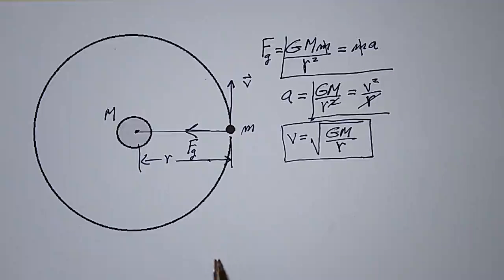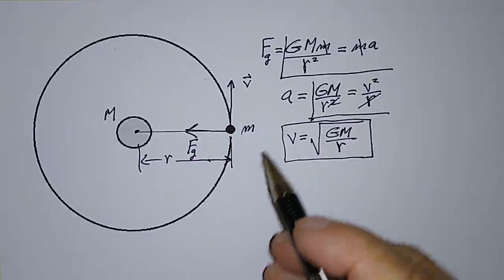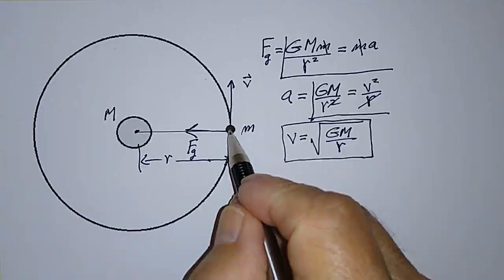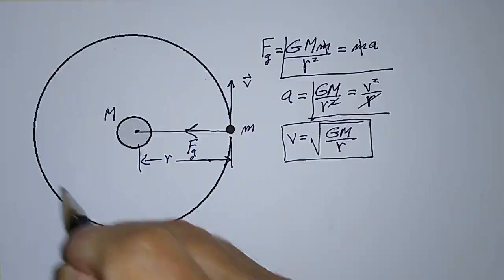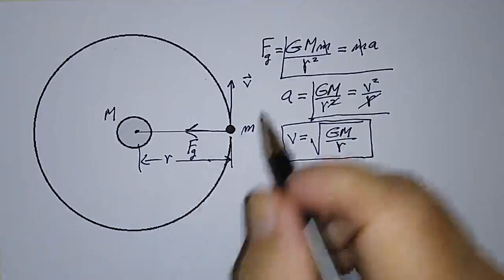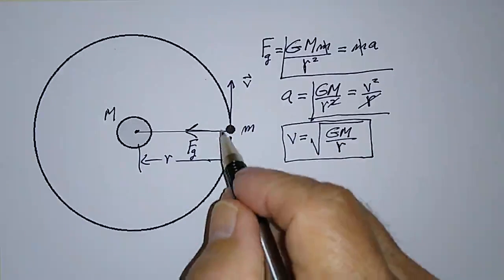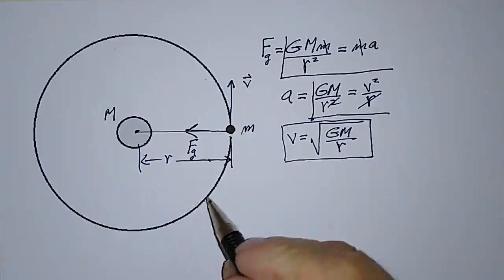But we can also get some other information about this. Let's look at, for example, how long it takes this object to go around this circle. Well, it's going around at a speed v, and we know what the distance around the circle is.